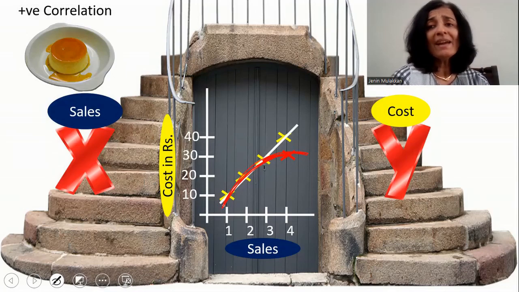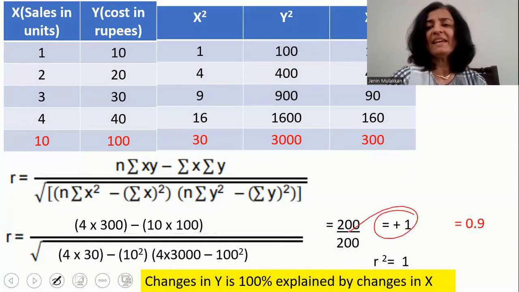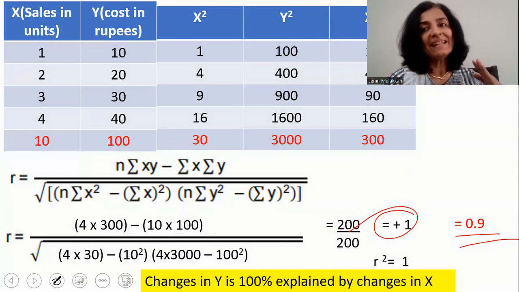So obviously, when you get a curved graph, you will not get R as +1. So say instead of +1, you get R as say 0.9. Plus 0.9 indicates that there is definitely a straight line relationship, but it is not perfect straight line relationship. There could be a gentle curve.